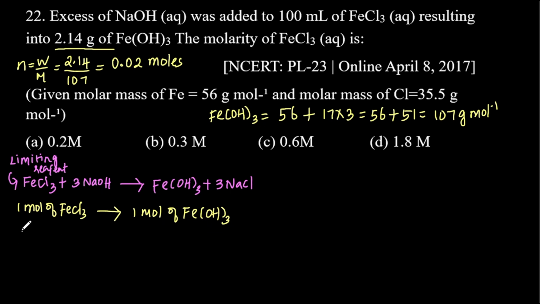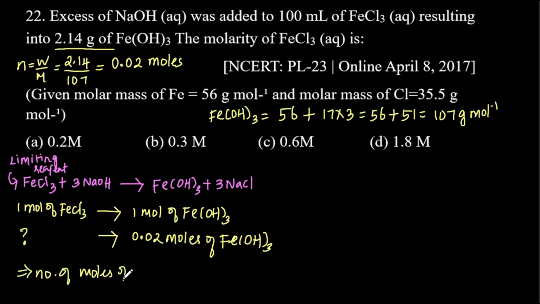Therefore, how many moles of FeCl3 will give 0.02 moles of Fe(OH)3? From the equation itself, the number of moles are the same. Therefore, the number of moles of FeCl3 is also 0.02 moles.